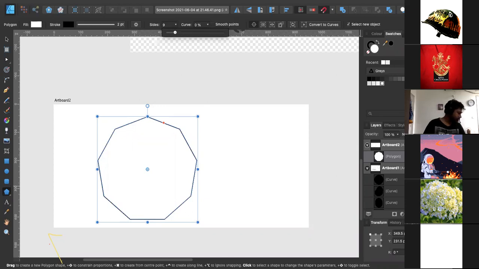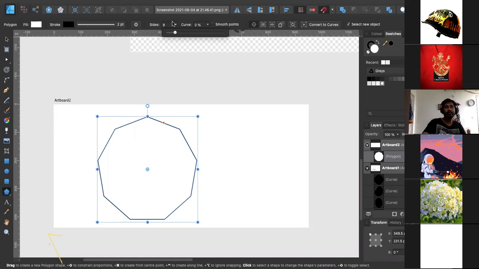Regular, right? It's called a regular polygon because all the sides are equal, right? If the sides are equal, then the angles that they're forming at the vertices will also be equal.